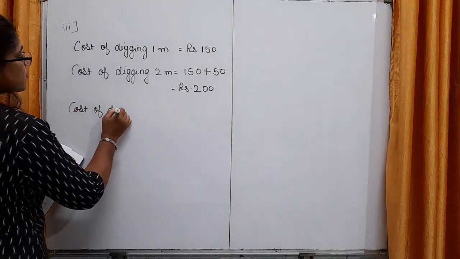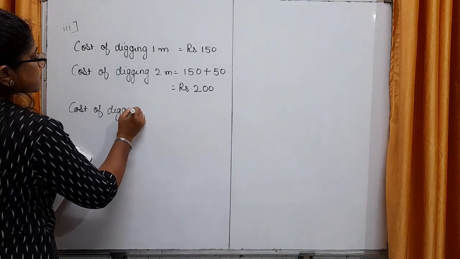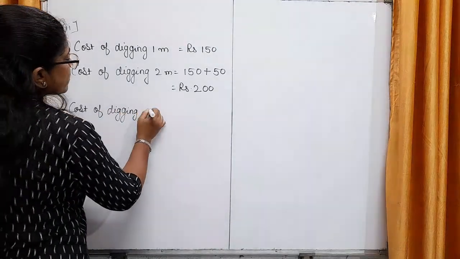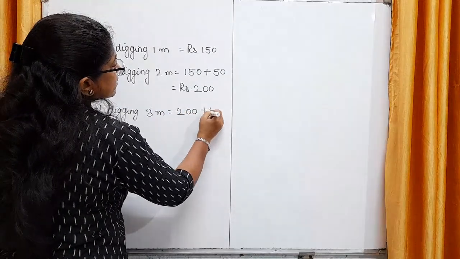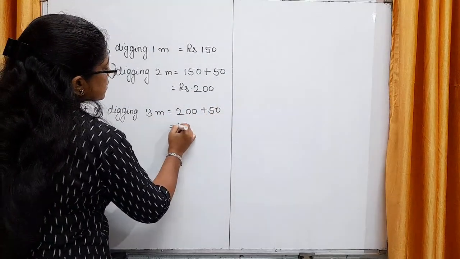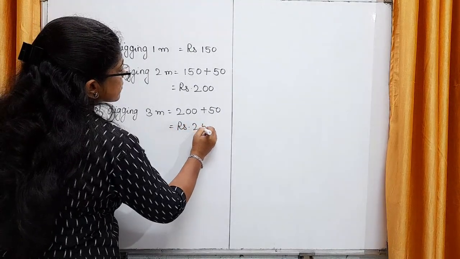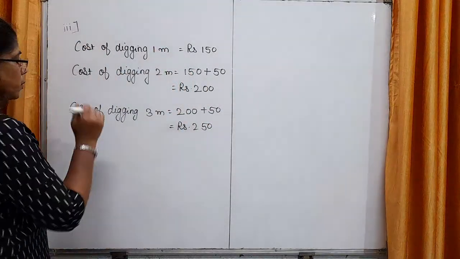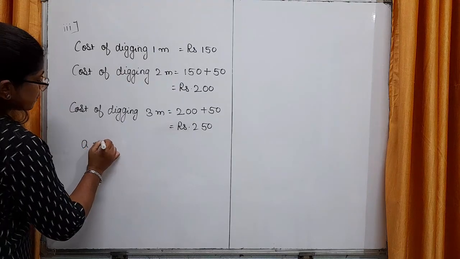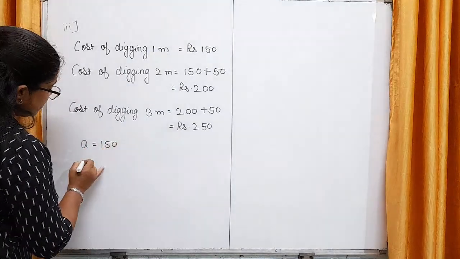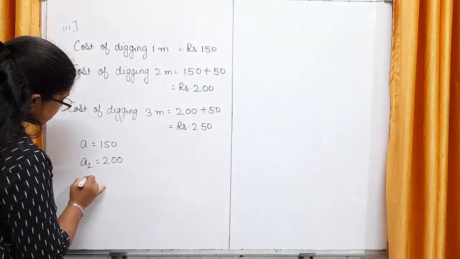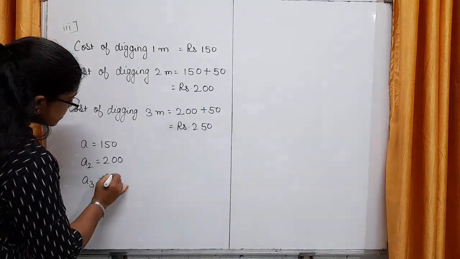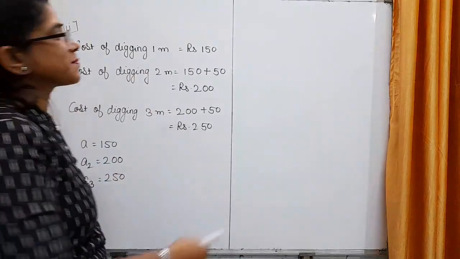Cost of digging 3 meters, 200 plus 50, rupees 250. Now here first term is 150, second term is 200, third term is 250.